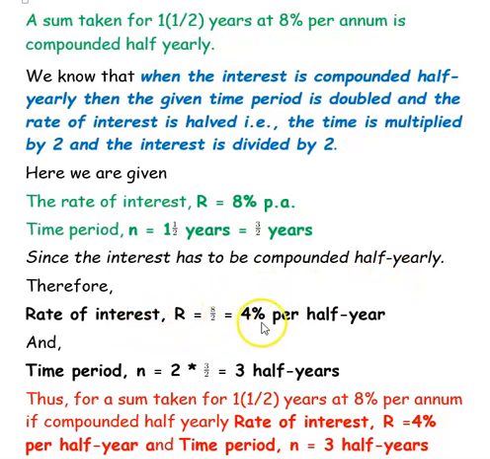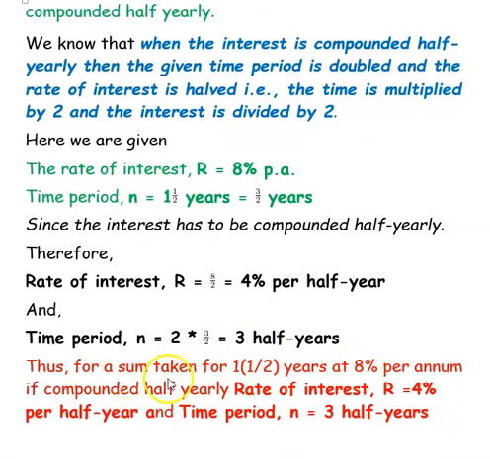So 8 divided by 2, you will get 4% per half year, and the time period N will be multiplied by 2. So 2 into 3/2, you will get 3 half years. Thus for a sum taken for 1.5 years at 8% per annum, if compounded half yearly, the rate of interest will become 4% per half year and the time period will be N equal to 3 half years.